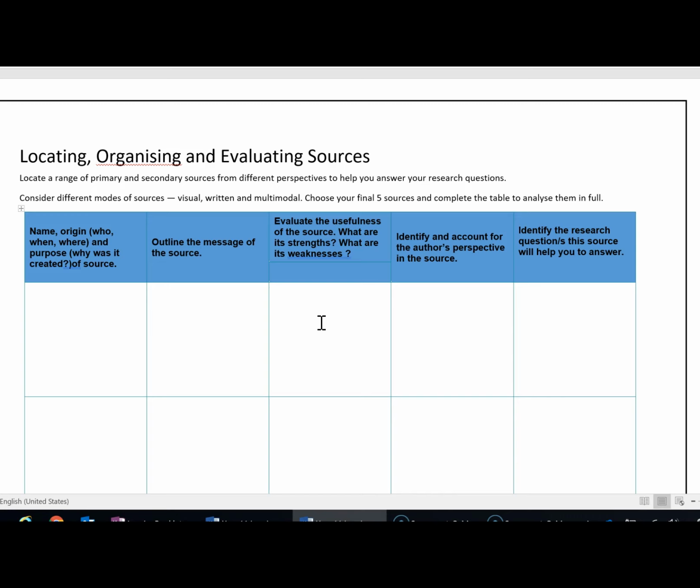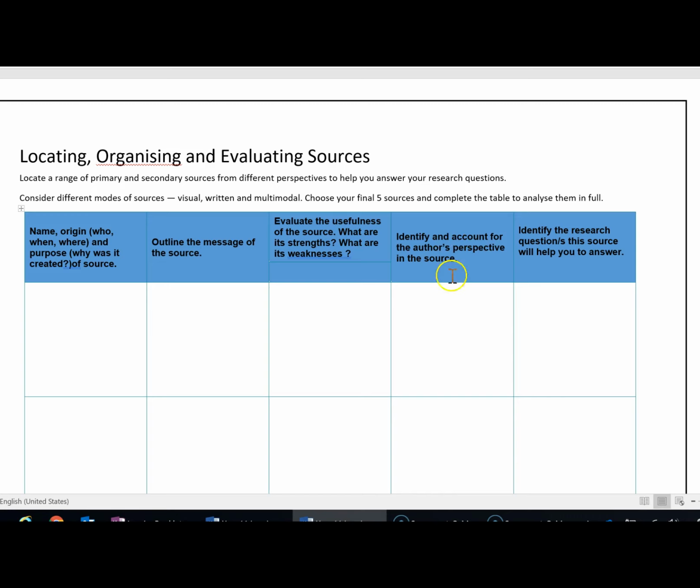He might be remembering it from a long time in the future, so it's not exactly how it happened, and he might choose to omit facts that someone else might put in there. He might make judgments that aren't that correct because, of course, he's biased because he's talking about himself. So that could be a weakness there. And again, look for both. Don't just go it's all strong or all weak. You've got to actually find both of them for this one.